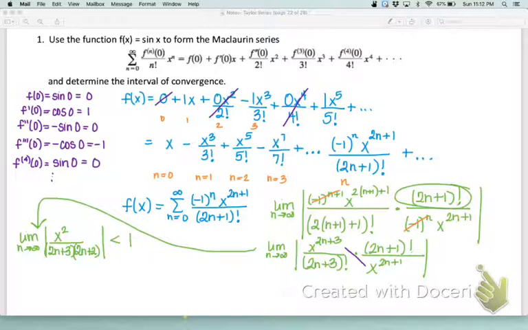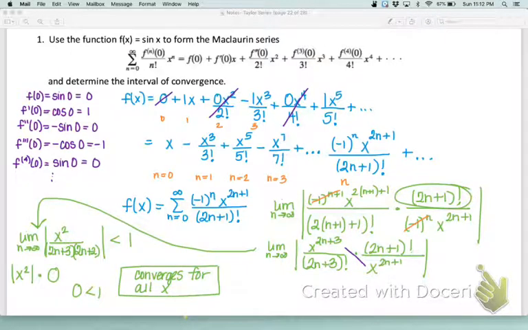Now, we only want the limit as n approaches infinity, so we can bring out the absolute value of x squared times our limit, which is going to come out to 0. So what we end up with is the statement that 0 is less than 1, which is always true. So that means that this series is going to converge for all x.